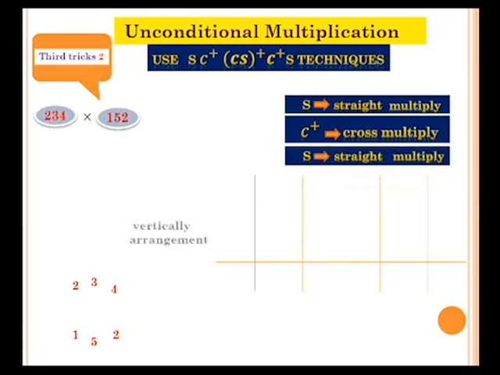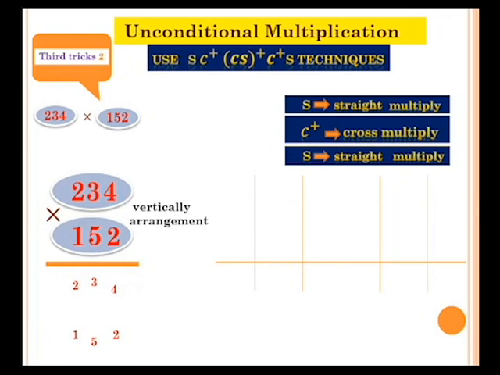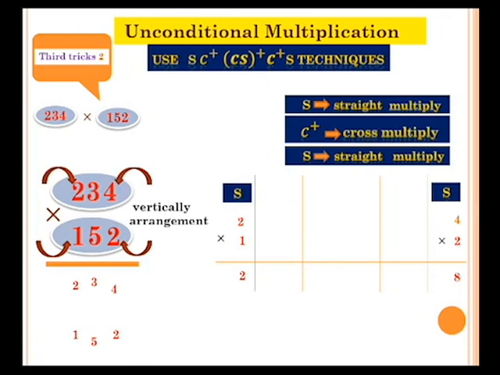So let us take the product of 233 and 152. Arrange it vertically in this way, and then take the straight product of 3 and 2, we get 6, and then straight product of 2 and 1, we get 2.